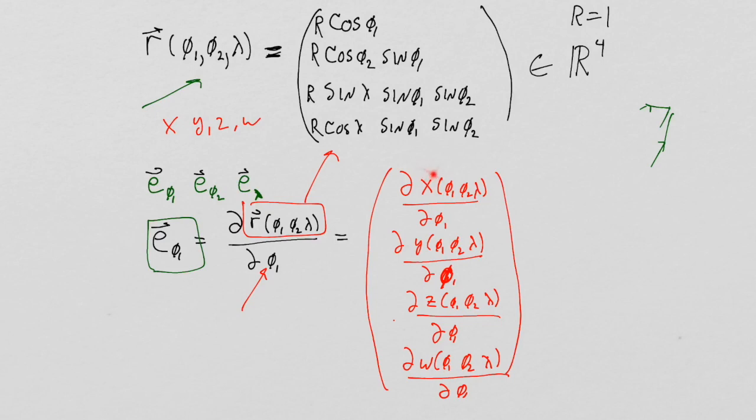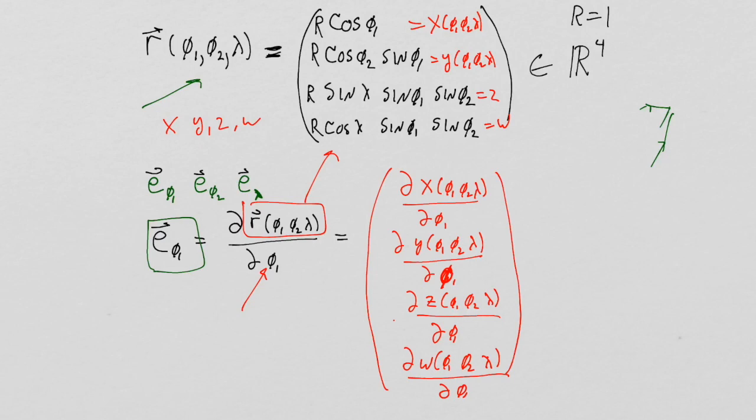Now, this is x, right? I'm using a shorthand where this is x of phi 1, phi 2, and lambda. Now, obviously, x is only a function of phi 1, but in principle, it could be a function of all. This one is y of phi 1, phi 2, lambda. Likewise z, likewise w.